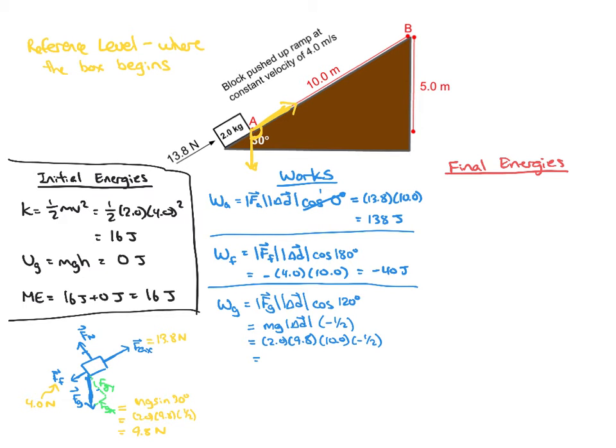So that's not so bad, because 2 times negative a half makes negative 1, and then 9.8 times 10 makes 98. So this is actually just going to be negative 98. Okay, so that's the work done by gravity.